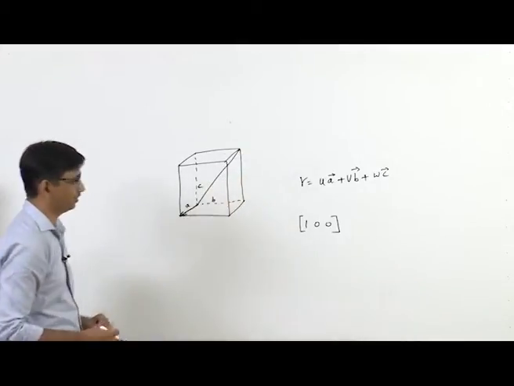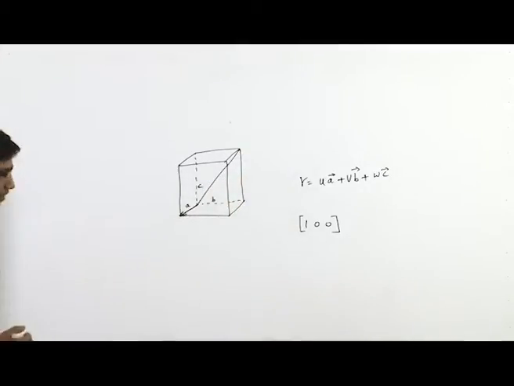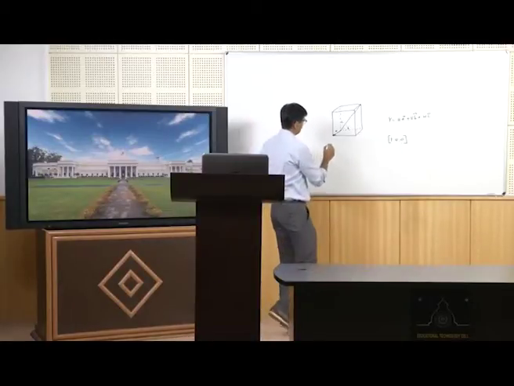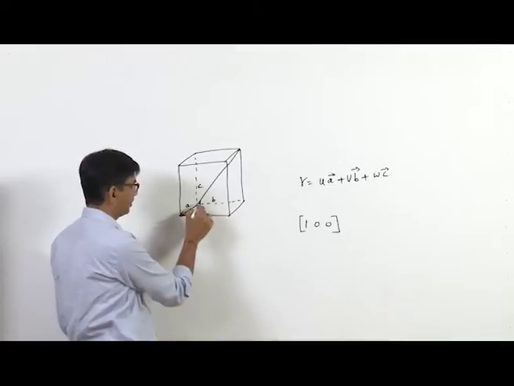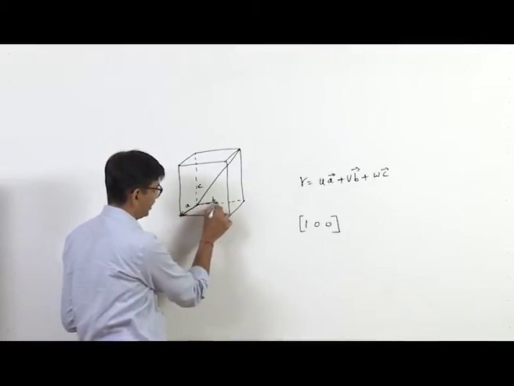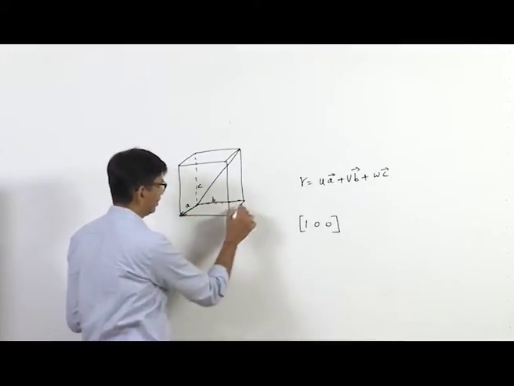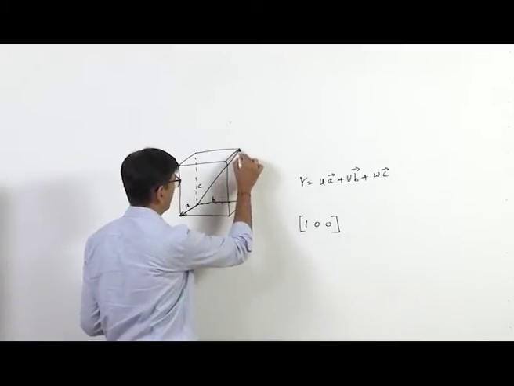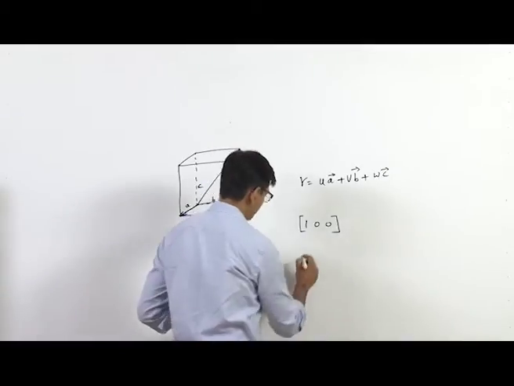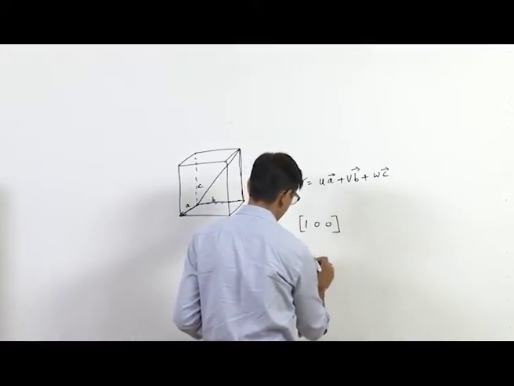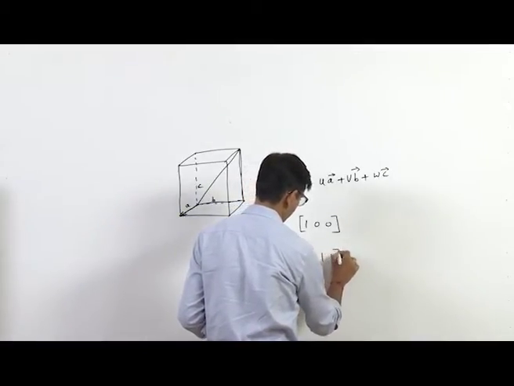This is the back face of the cube. For this I cannot go in A direction. I will be going 1 unit in B direction, then 1 unit in C direction, and I will reach there. So, the indexing of this particular direction is 0 1 1.